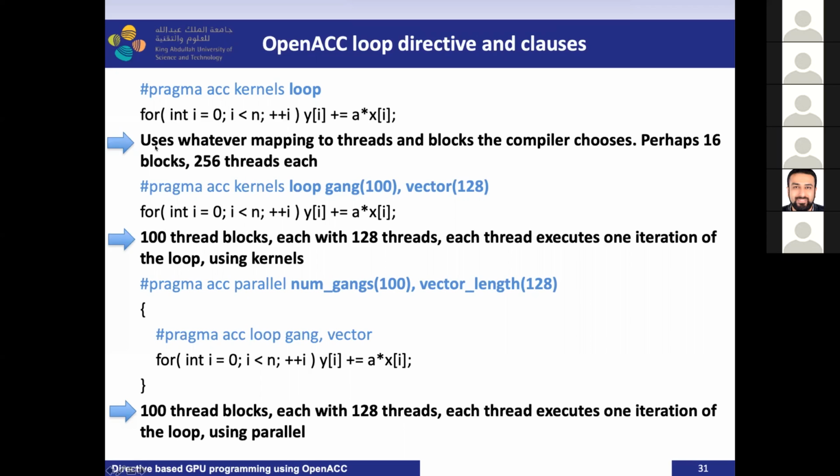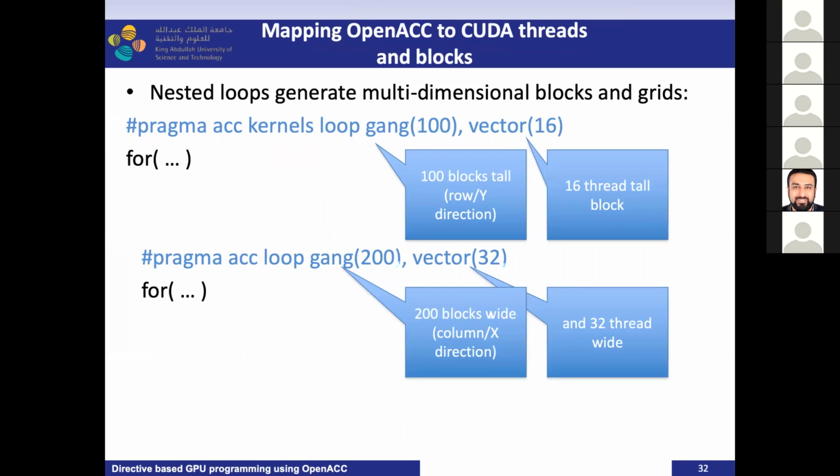But if you look here at the beginning, we don't know exactly what's happening. So the compiler will tell us what it used. So here we can say, probably based on compiler output, there are only 16 blocks with 256 threads, which may or may not be optimal depending on the case. In the 2D example, the CUDA blocks can be multi-dimensional, and that can be mapped to multi-dimensional nested loops, and that helps a lot.